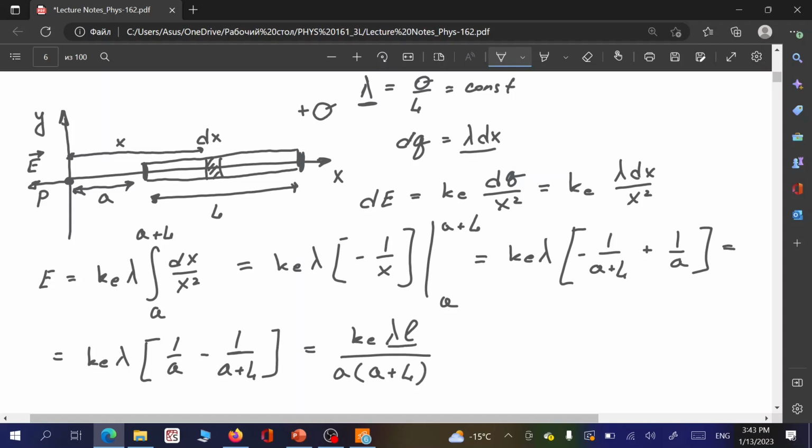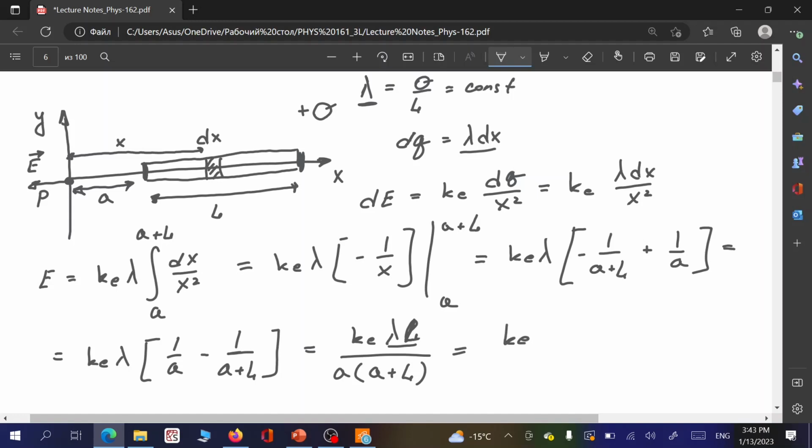And what is this? Lambda times L, this capital L, is the total electric charge residing on this rod which we consider.